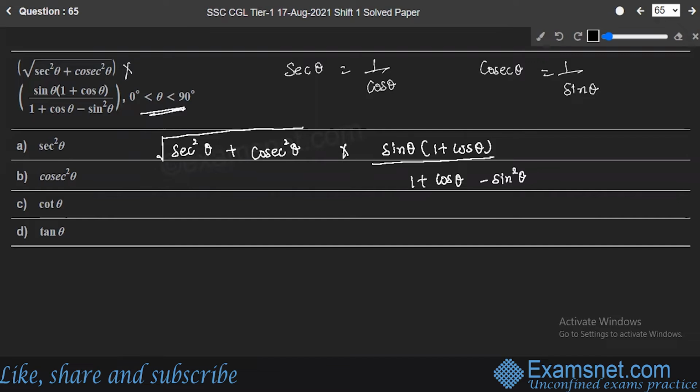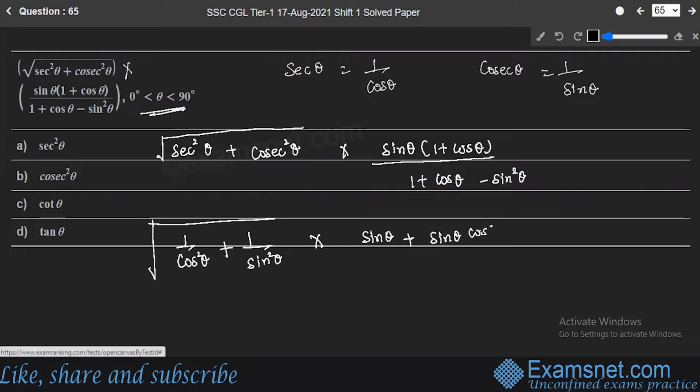Let's open them. So you will have 1 upon cos square theta plus 1 upon sine square theta, whole multiplied by sine theta into 1 plus cos theta. Let it remain like this.